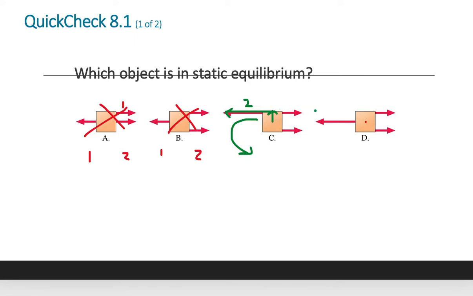So let's go this way. You've got 1 going up, and on the right, you've got 1 to the right. So it's going to cause a small turn to the right. Now you look at this one.